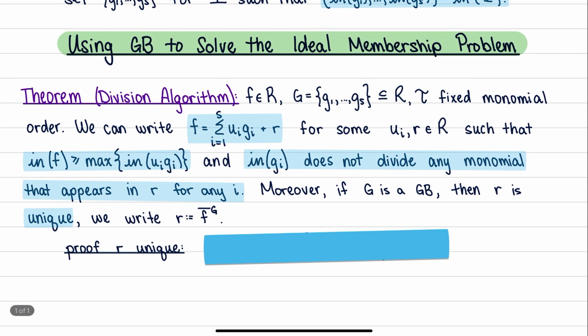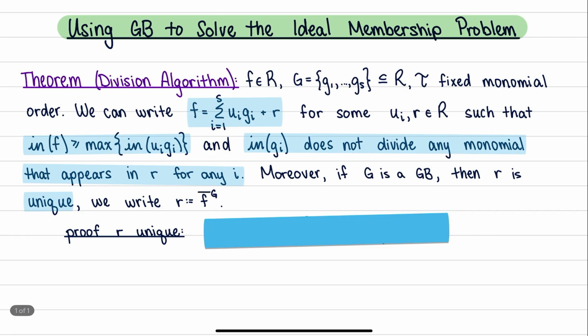And we are going to use this notation to mean the remainder on division of f by G. And this is the exciting part. This is what's going to allow us to solve this ideal membership problem. So I'm going to go ahead and prove this exciting part to you.